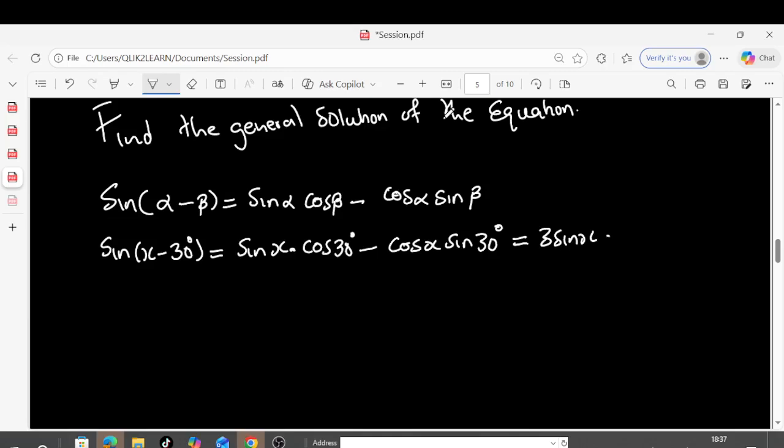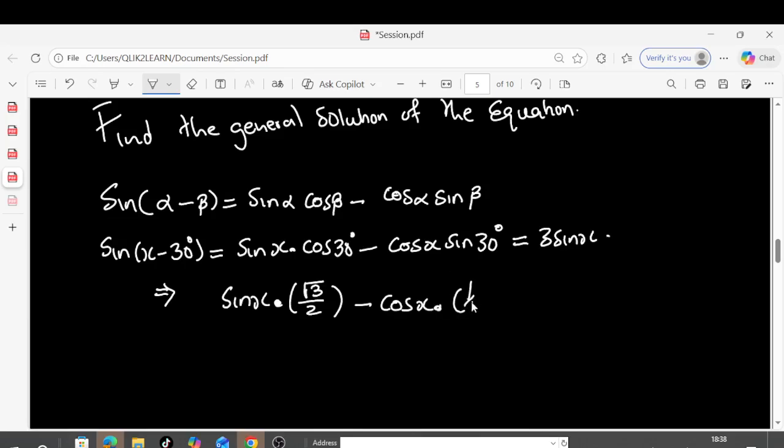So now when I have this type of a problem, look at what I'm going to do. I'll write it as the sine x multiplied by the cos of 30. You just have to punch that on your calculator and you'll find that the cos of 30 is the root of 3 over 2, minus the cos of x times the sine of 30, which is just half.